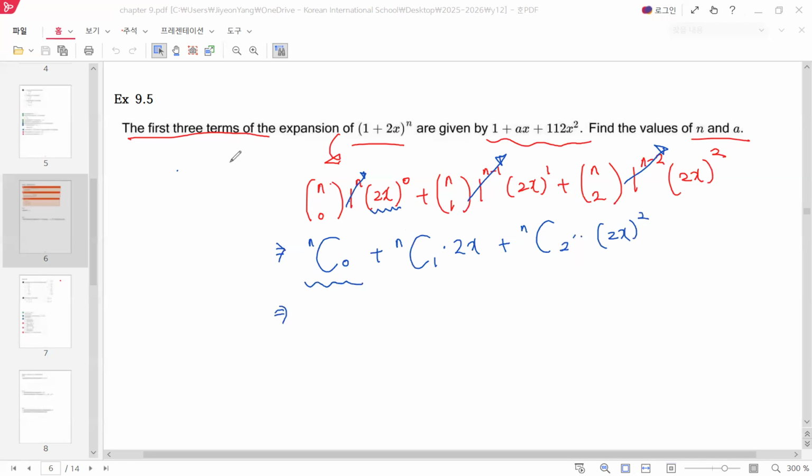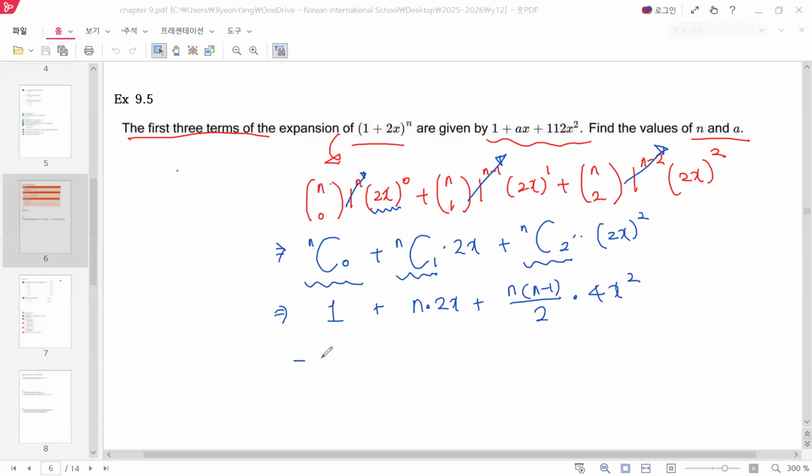And by the key point, which was given on your material here, n combination 0, the value is 1, plus. What is this one? Look at the key point. n, thank you. n times 2x. By using your key point, what's this? n times n minus 1 divided by 2 times 4x squared.